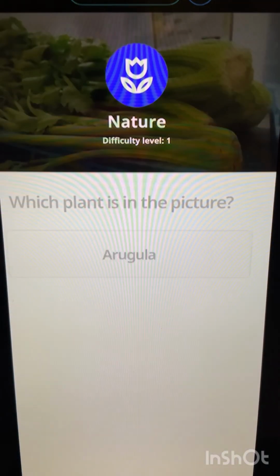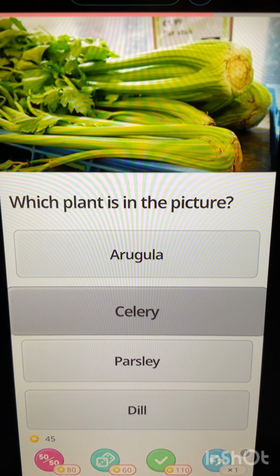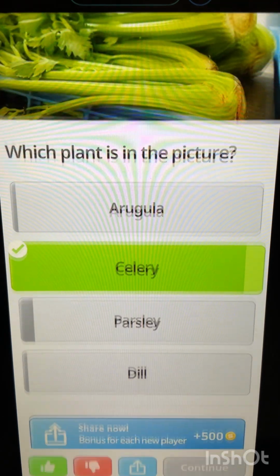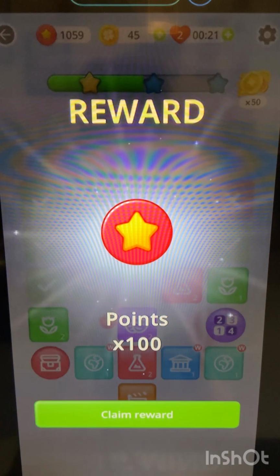So I have a bonus question. Nature, difficult level. Which plant is in this picture? Celery. That one is very easy. Celery. I've got reward as well.